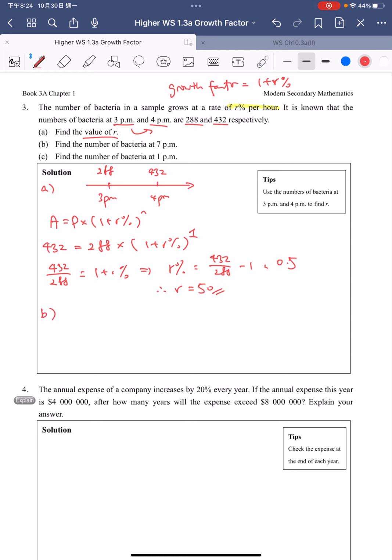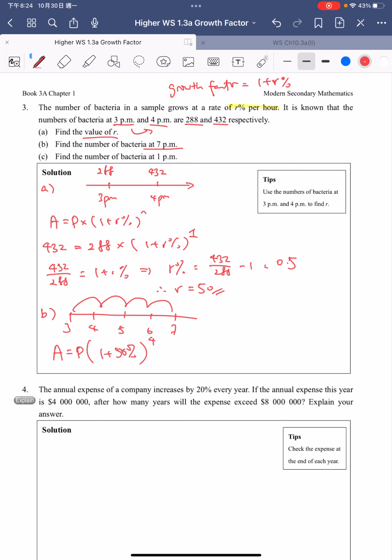For question B, they're asking about the number of bacteria at 7 p.m. So let's think about this. This is our 3 p.m., our starting point. We have 4, 5, 6, 7. How many hours have passed? 1, 2, 3, and 4. So we can just use our formula: A is equal to P times 1 plus 50% to the power of 4.